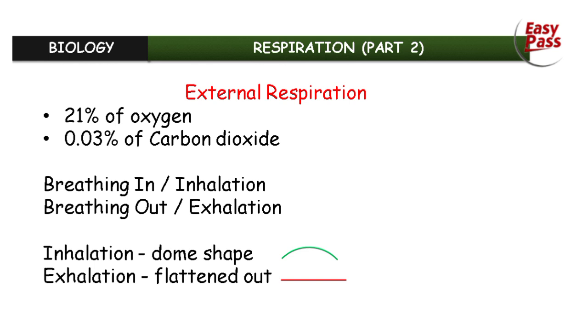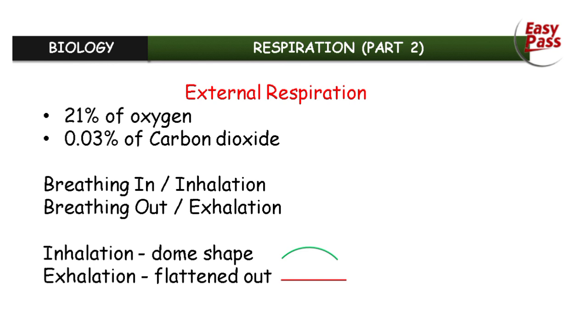If it is 21, it is air that is going into the body, that is for inhalation. If it is below 21 or below 20, it is air that is coming out of the body. Just pay attention to the percentage of oxygen and carbon dioxide present in the air.